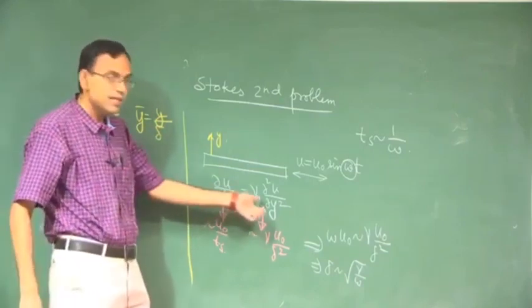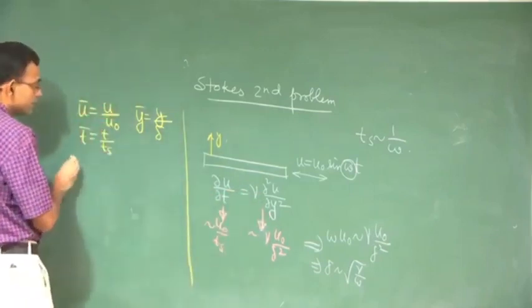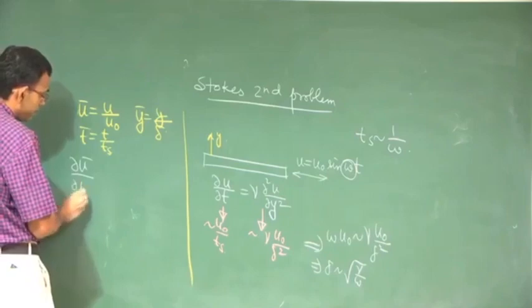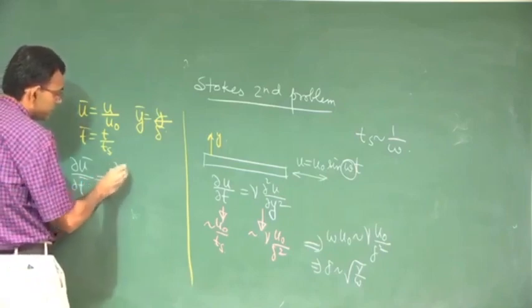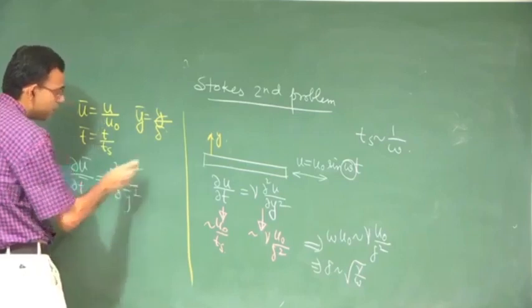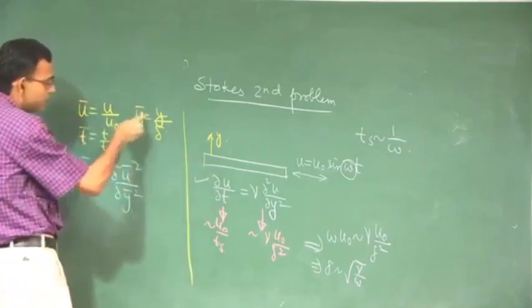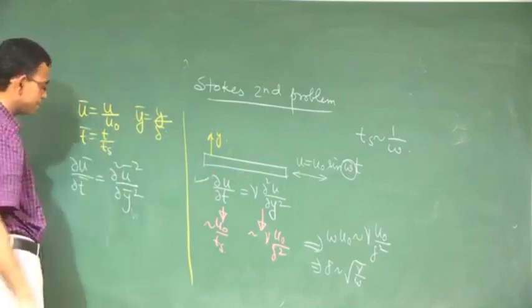If you put the relevant scales in this equation, you will get, because all the coefficients will be absorbed in the non-dimensional parameters. You can easily check that in this equation if you substitute all this.